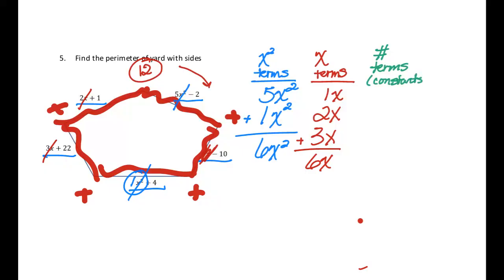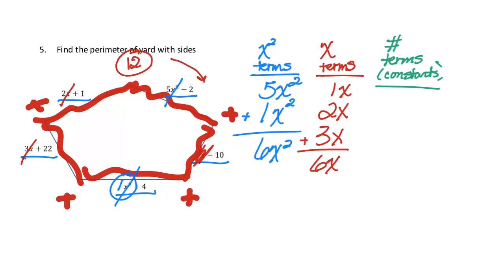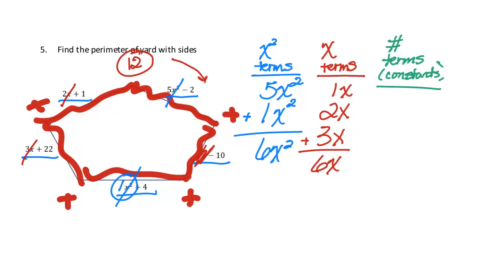Okay, the constants. All right, so if I start up at 12 o'clock and I go clockwise, what would be my first constant? Sita, what's my first constant? If I start here and I go this way, first constant is -2.